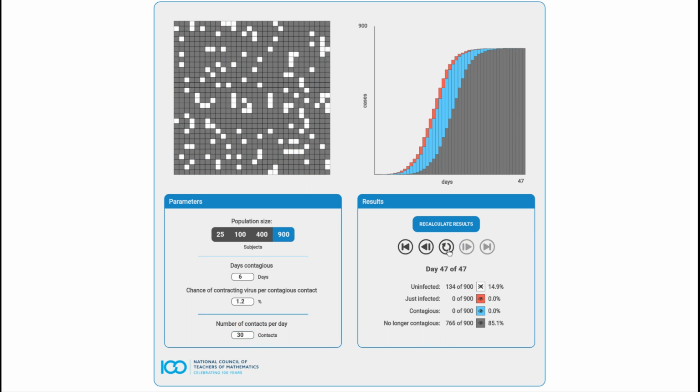Flu is far less dangerous when it comes to killing people. 134 of these 900 people on the ship did not get sick, even though everybody's pretty much talking to everybody else, because of 2 things. It's only contagious for 6 days, and actually it could be only 4 days, and it has a smaller chance of being contracted, 1.2%.